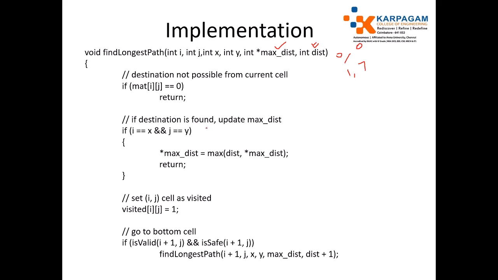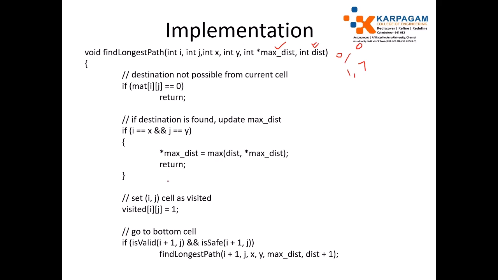If the destination is found, that is, whenever you reach the destination, i should be equal to x and j equal to y. In that case, just find the maximum among max distance and distance, store it in the max distance variable, then return.